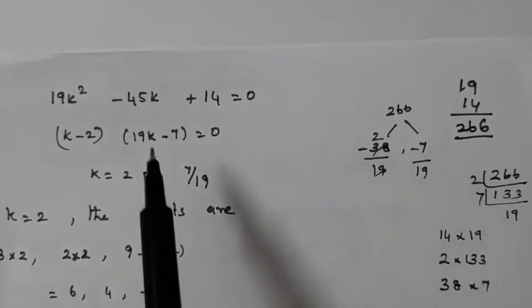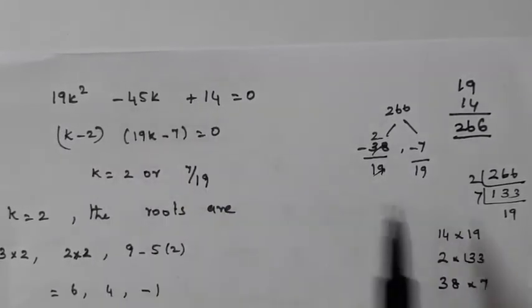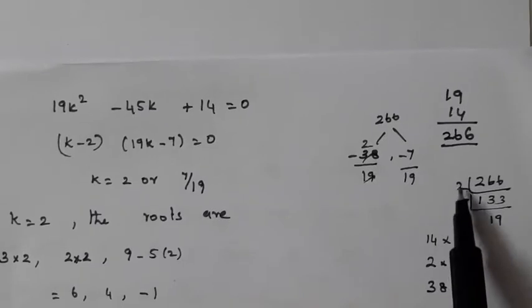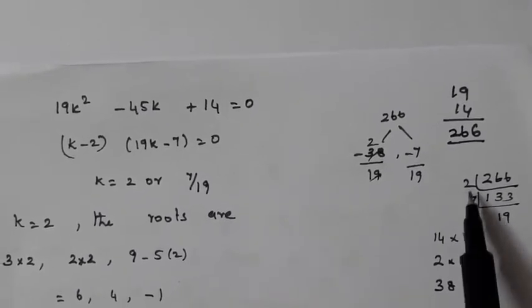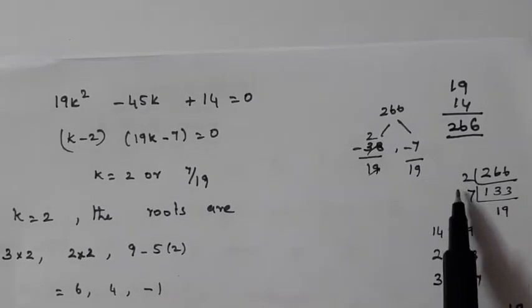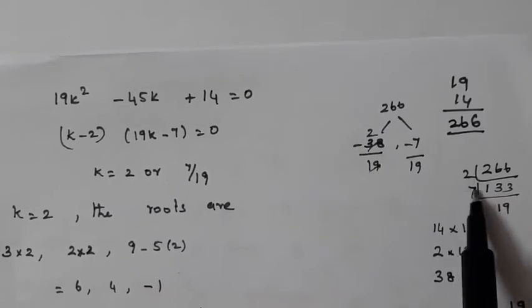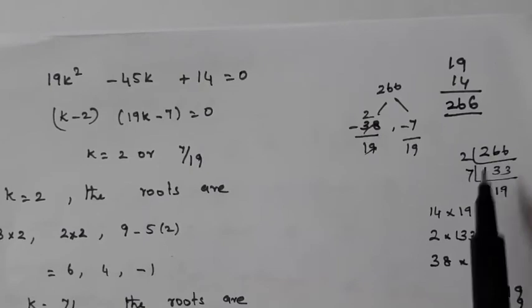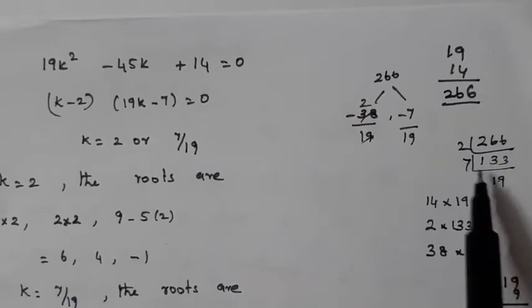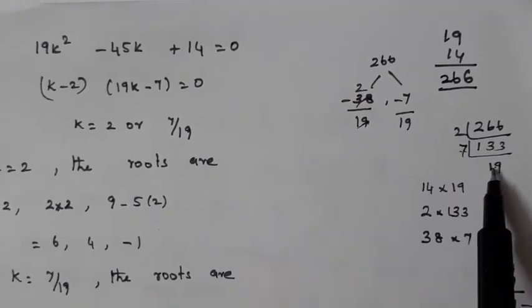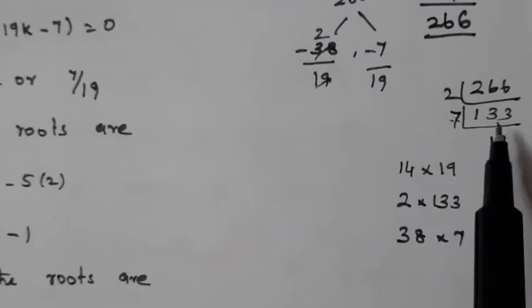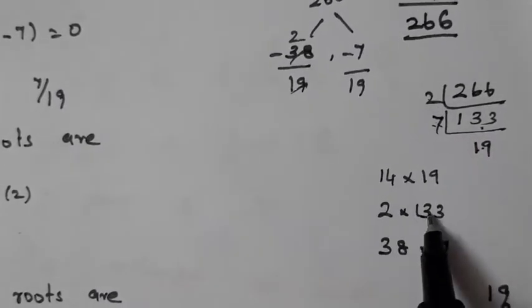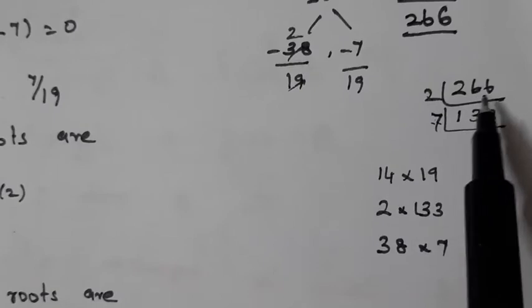To find the factors whose sum is 45, you have to take a pair of factors from these 3. First, if you take 2 and 7, 2 sevens are 14 and 14 into 19 will be 266. And then if you take 7 and 19, the product is 133, so it will be 2 into 133, which is also 266.